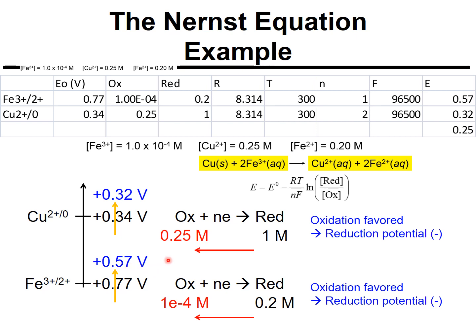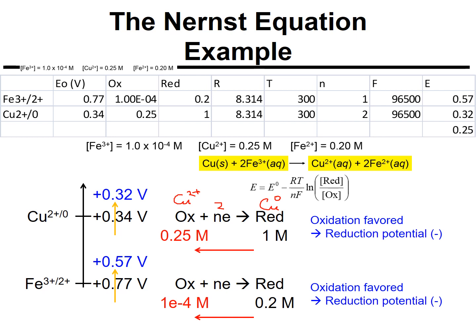So let me compare the standard reduction potential and the final reduction potential, which is affected by the concentration. Here, oxidized species plus electron goes to the reduced species. In the case of Cu2+/Cu0, Cu2+ plus 2 electrons goes to Cu0.